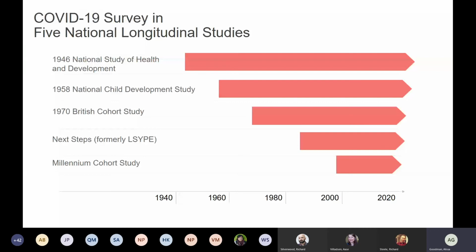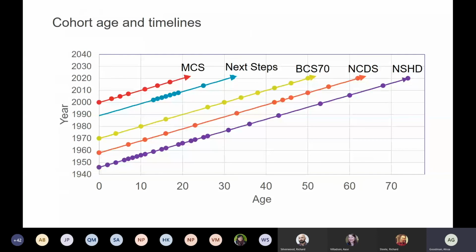So I think there'll be varying degrees of familiarity among those of you who have signed up to this training session about what these studies are and what's in them and their history. This cohort age and timeline gives you some sort of snapshot overview of that.